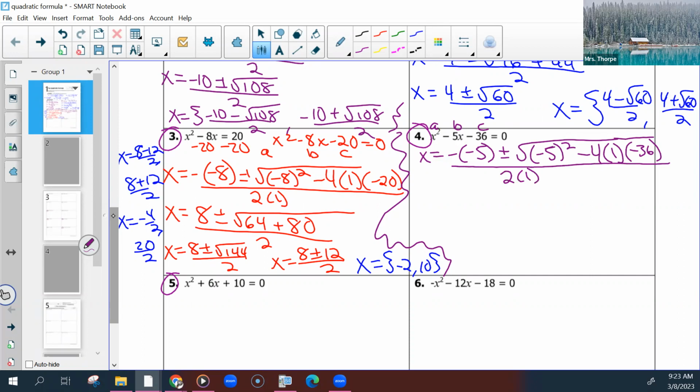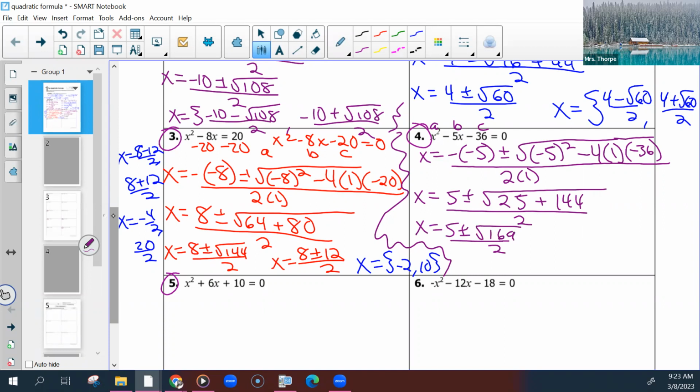So simplifying, we have x equals 5 plus or minus the square root of 25 plus, what's 4 times 36? 144. Okay. 25 plus 144 is what? 169. Is 169 a perfect square?